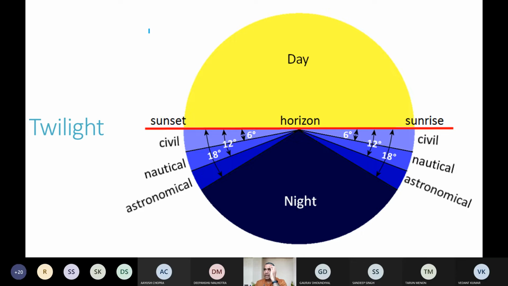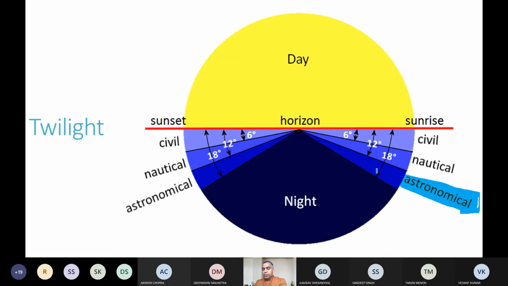Now, the last thing about twilight is, this 18 degrees of twilight is basically split up into three parts. From 18 degrees up to the horizon, this total period is known as astronomical twilight. You can see it here also. The astronomical twilight ranges from 0 degrees to 18 degrees below the horizon.